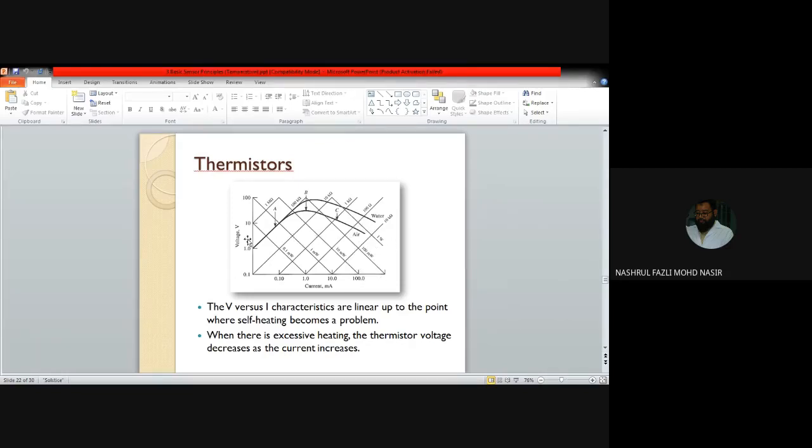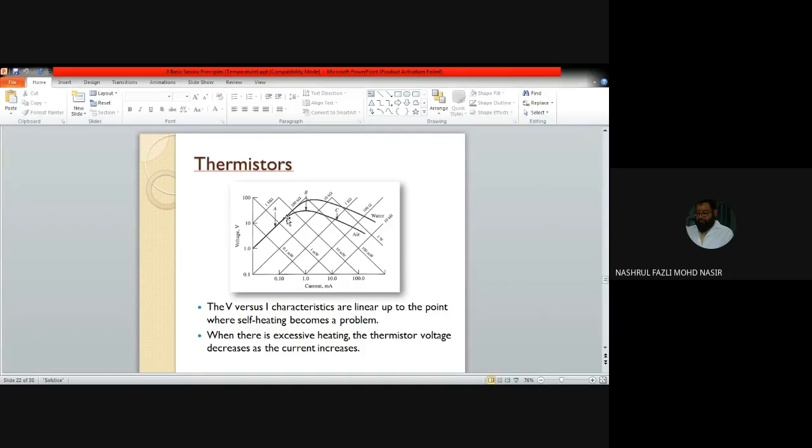So the measurement will be good only up to, for example, 10 volts at 0.1 milliampere, somewhere like 0.8 or something.